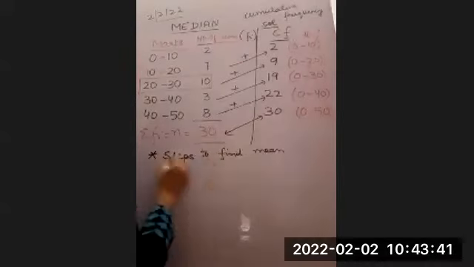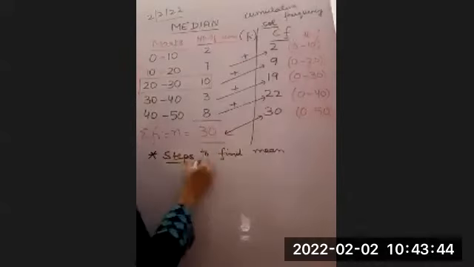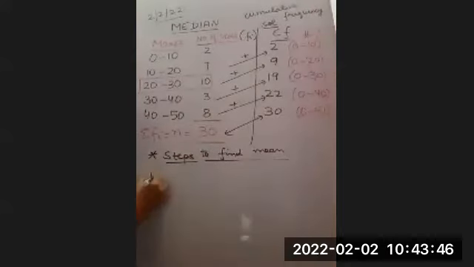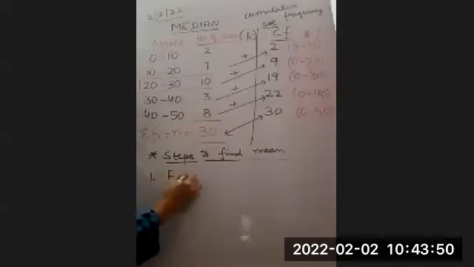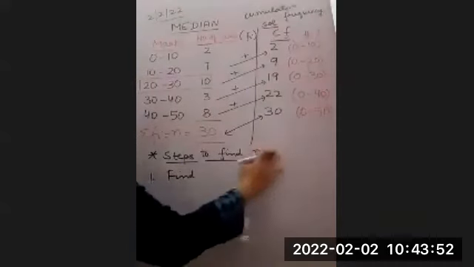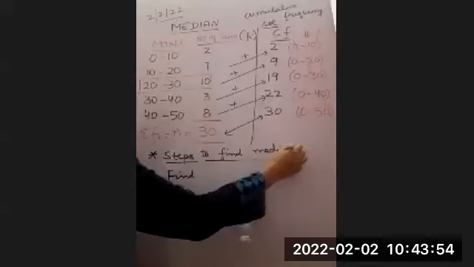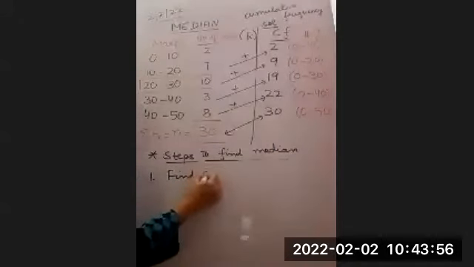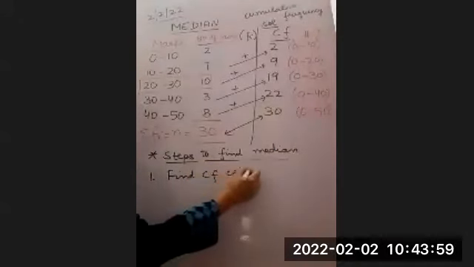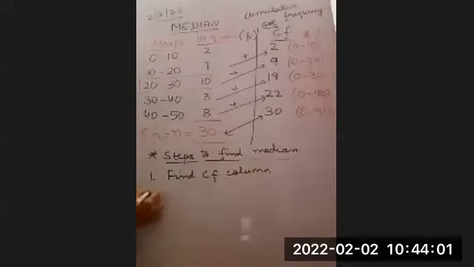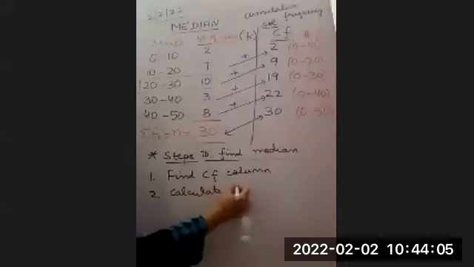You may please note it down. The steps to find median. First step: find the CF column. Second, calculate n by 2.